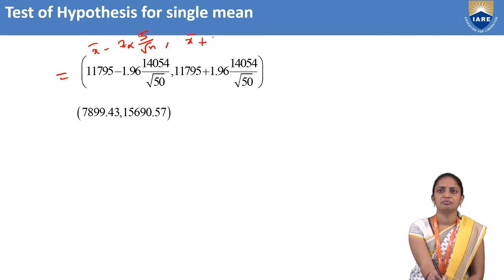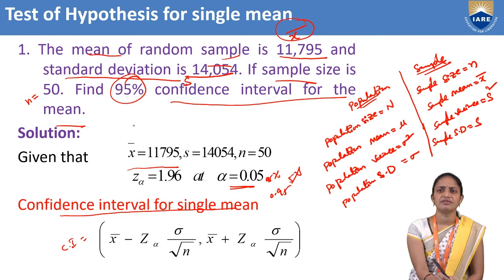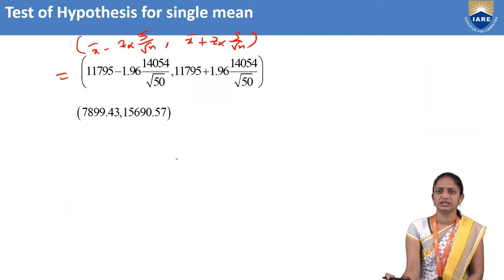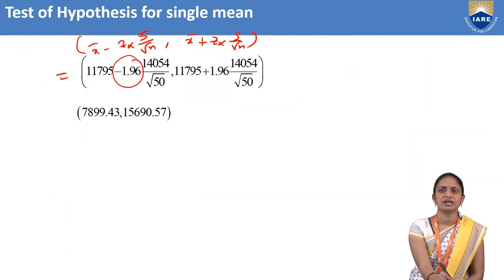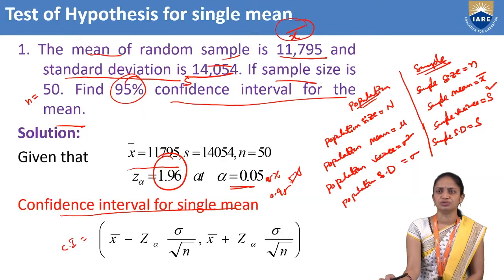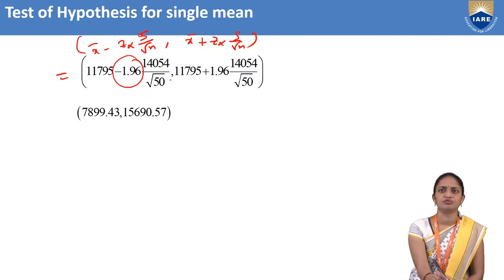So x bar plus z alpha into s by root n. So x bar value is 11,795 minus z alpha value, which is 1.96, and s value is 14,054.